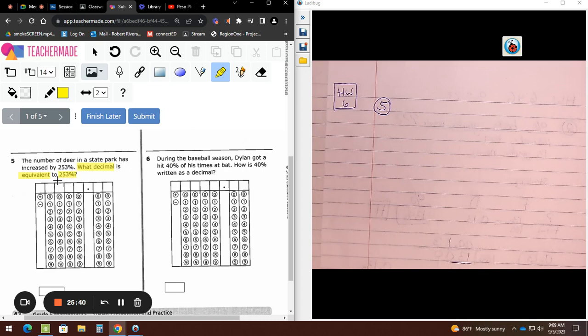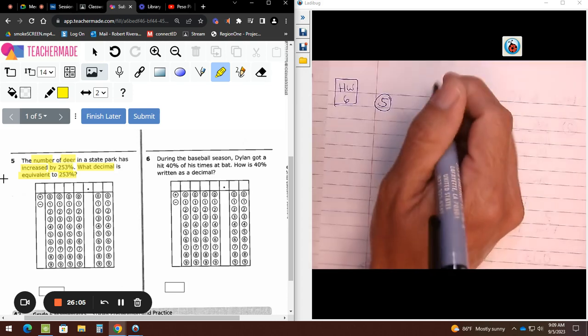From the story, the number of deer in the state park has increased by 253%. What would you highlight there? Increase by 253. Maybe deer, right? The number of deer. Anything else?